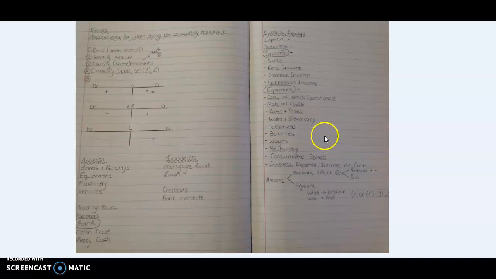So these are all the things that you spend money on, and the income is all the things that you get money from.